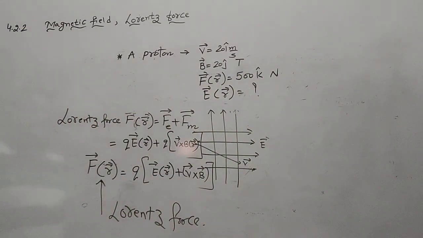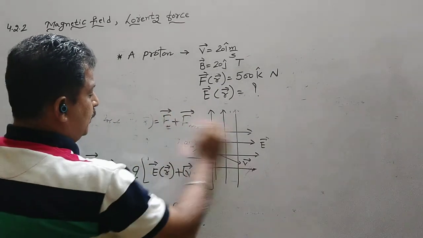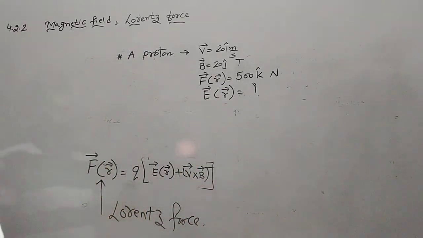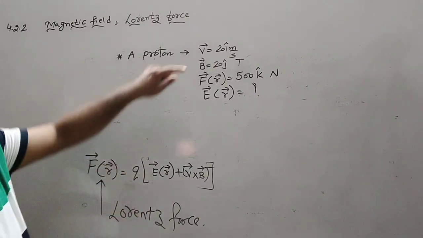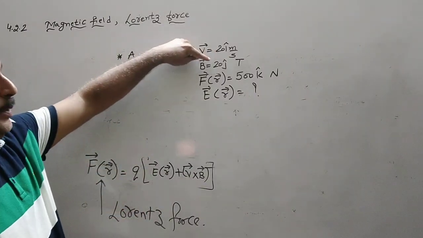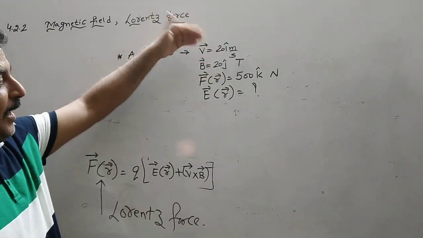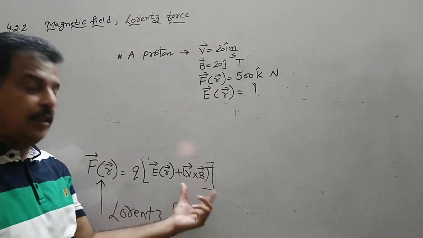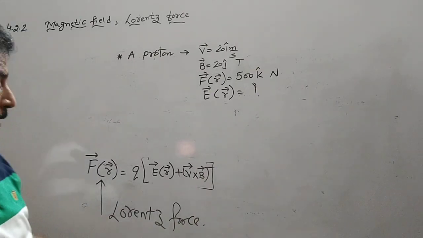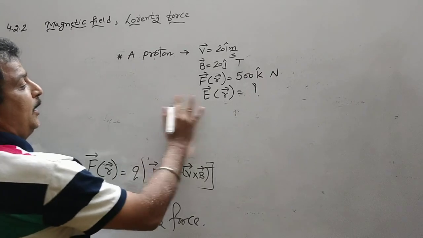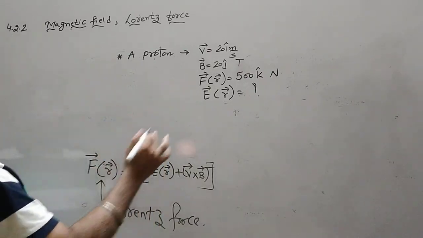You have to simply substitute these values in this formula. Clearly, the charged particle enters perpendicular to the magnetic field. If it makes an angle theta, we will consider the sine theta there. Here the particle enters perpendicularly.